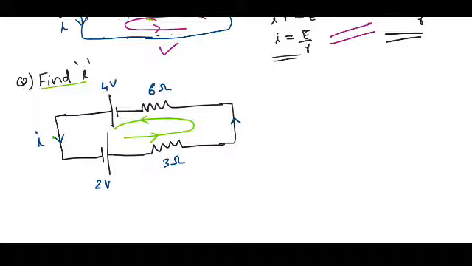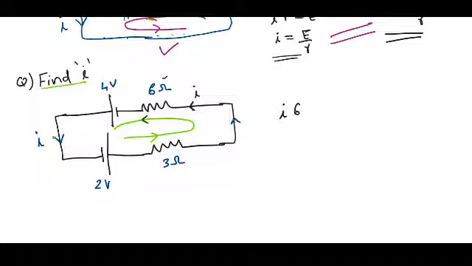You can take the reverse also, that is not a problem. Then while starting from this point, your current is going along this direction. Then the voltage developed across the 6 ohm resistor, where the path and direction of the current are both in the same direction. Therefore, I will write this as plus I into 6.